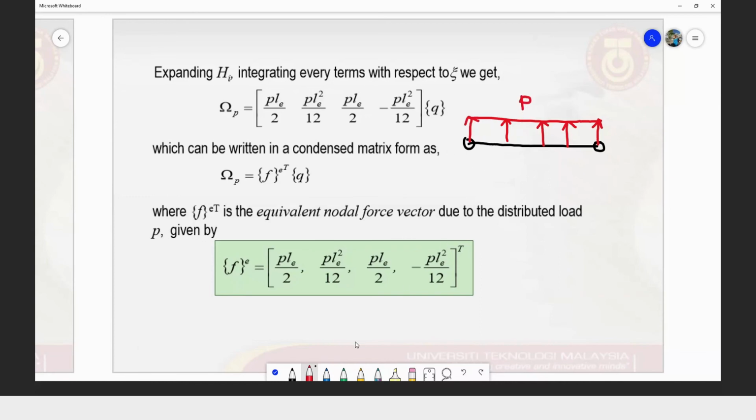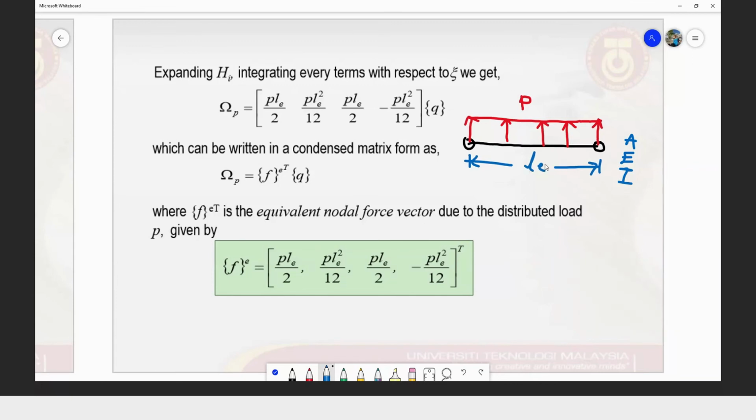And then we know that the length of our element is given by LE. Other than that, we know the cross-sectional area, the modulus of elasticity, and the moment of inertia of these elements.